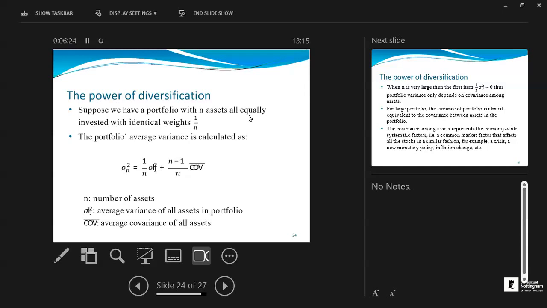The sigma square from i to j represents the average variance of all assets in the portfolio, and the last term is the average covariance of all assets.